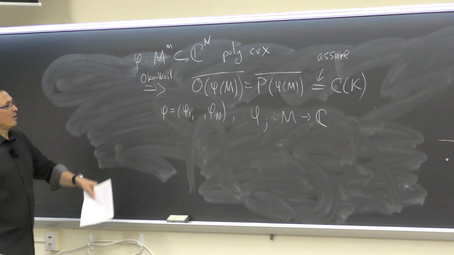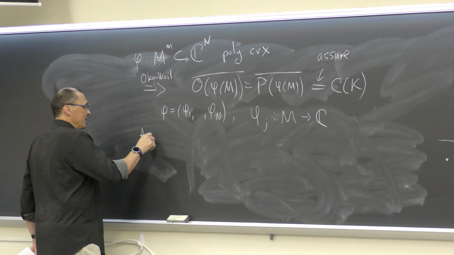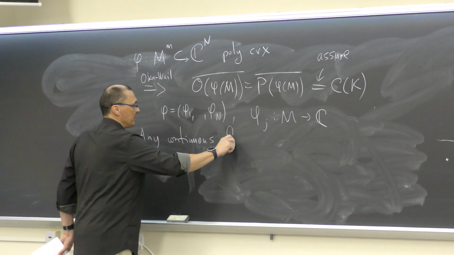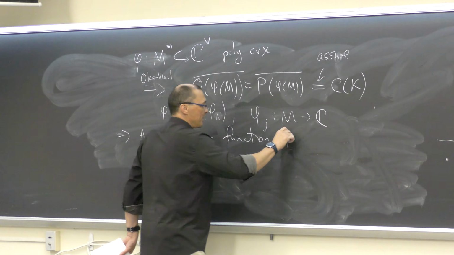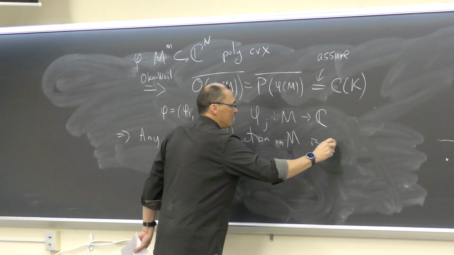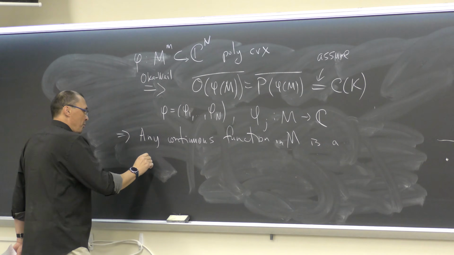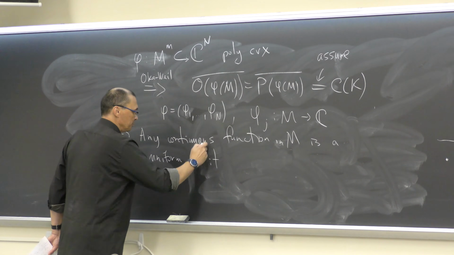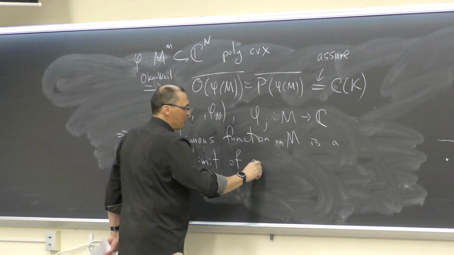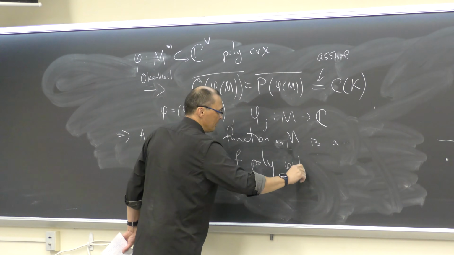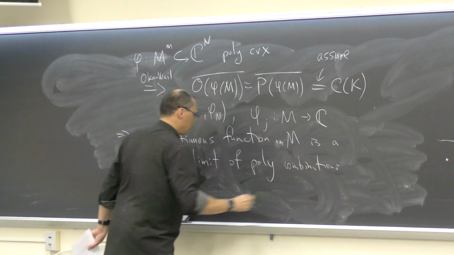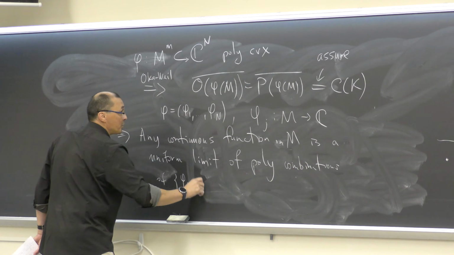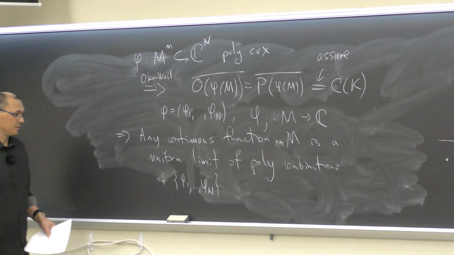And from this, we can say that any continuous function on M is a uniform limit of polynomial combinations of the set of these functions, which is the same for all functions.